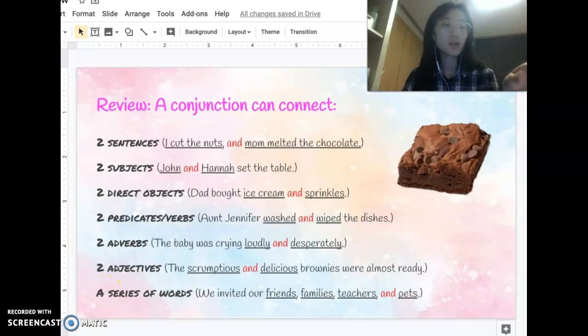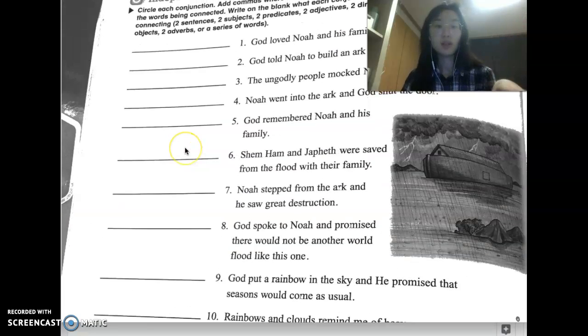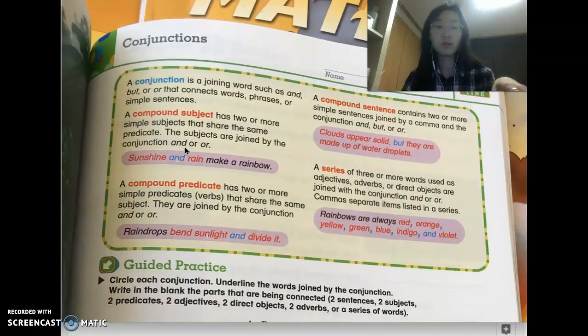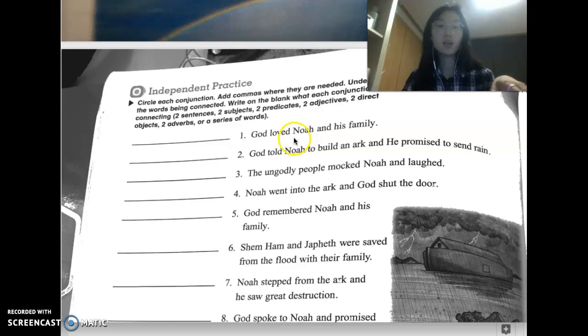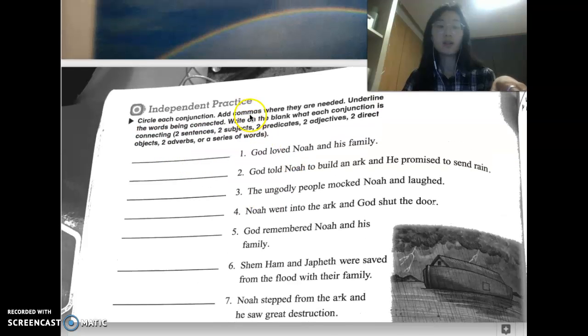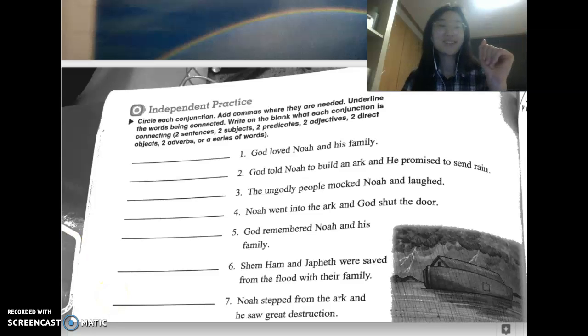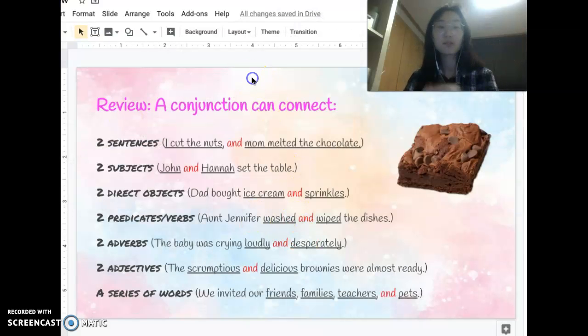If this might actually look familiar to you, remember when we did this in Zoom, we had to circle this conjunction, add a comma, and then write down here what it's connecting. Does that ring a bell? So just wanted to quickly go over this before I move on to the next part. So a conjunction can connect these things.